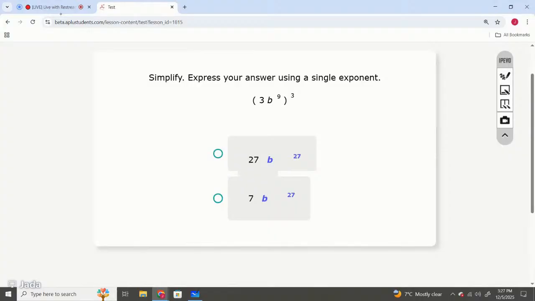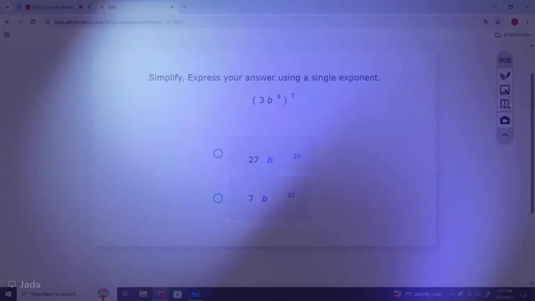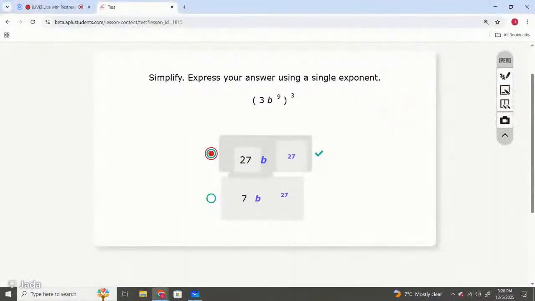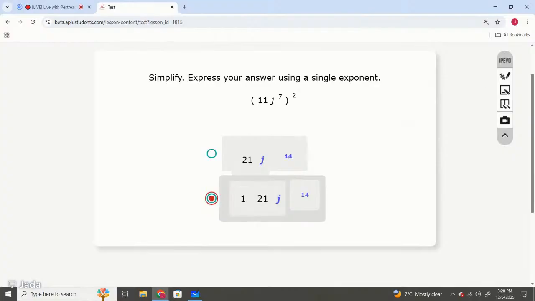That is 3 times 3 is 9. That is 27b^27. Option number 1 is the correct option. That is 121j^14.